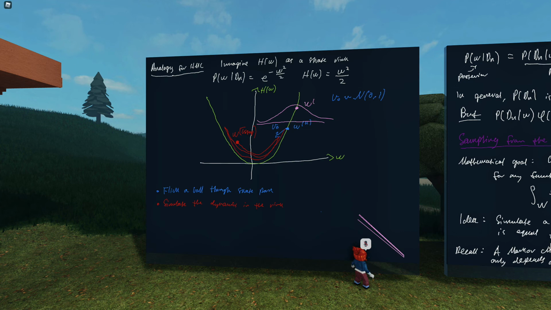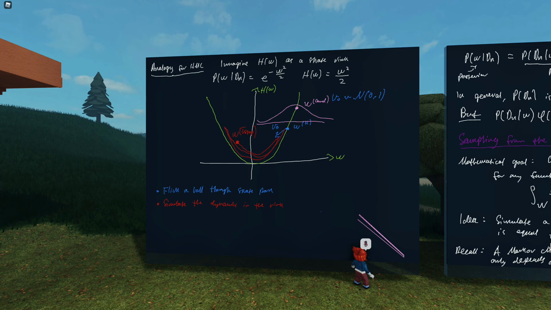That might be our candidate. But we can already see that the Hamiltonian is much higher at that point, so it's a higher energy, and it's therefore going to be a worse region of the posterior, a lower probability region.